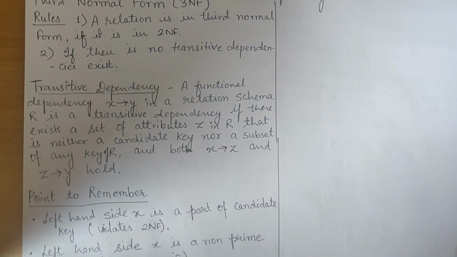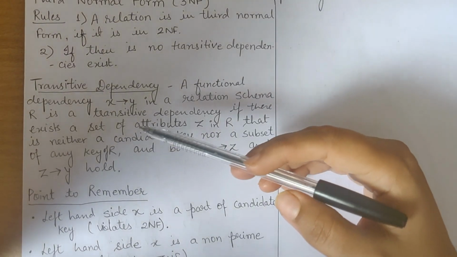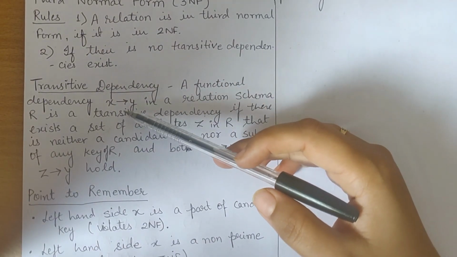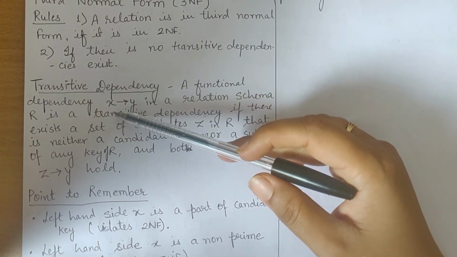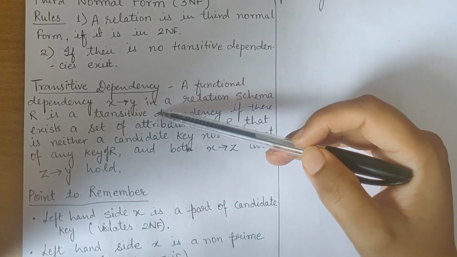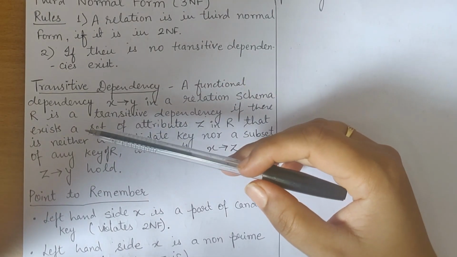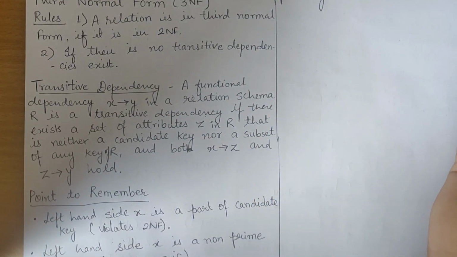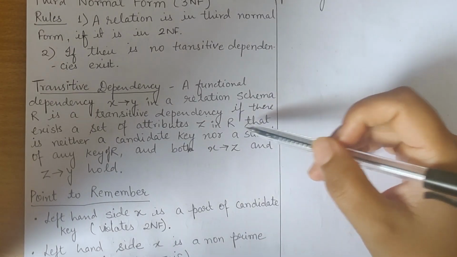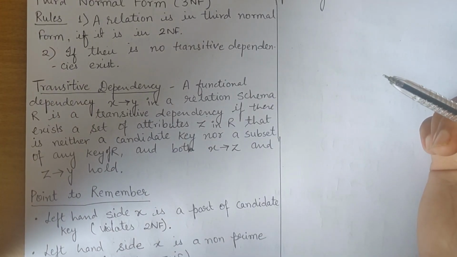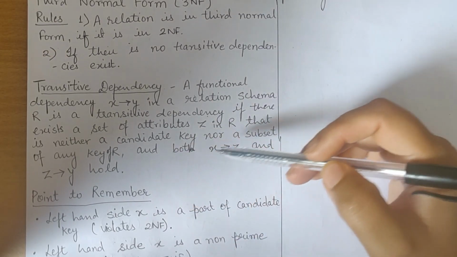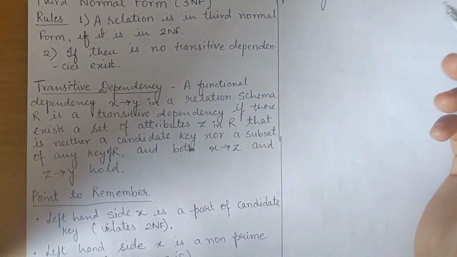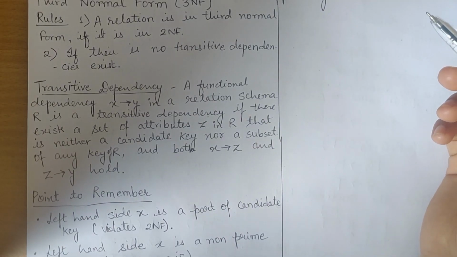So understand transitive dependency. If we have a functional dependency in a relation, X determines Y, then in a relation schema R it is a transitive dependency if there exists a set of attributes Z in relation R that is neither a candidate key nor a subset of a key, and both X determines Z and Z determines Y hold.